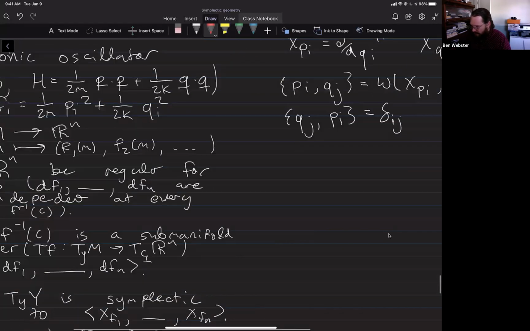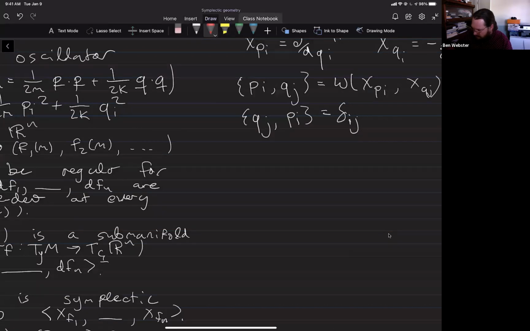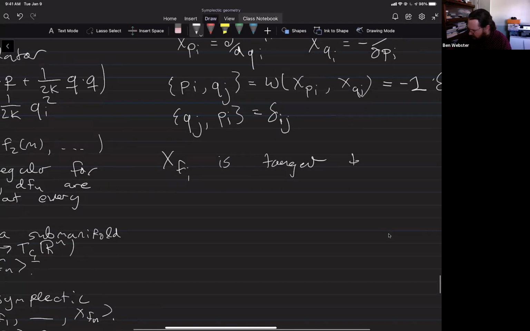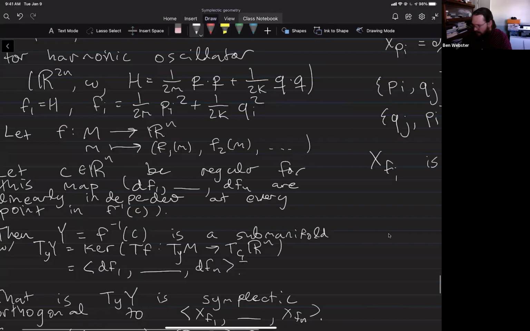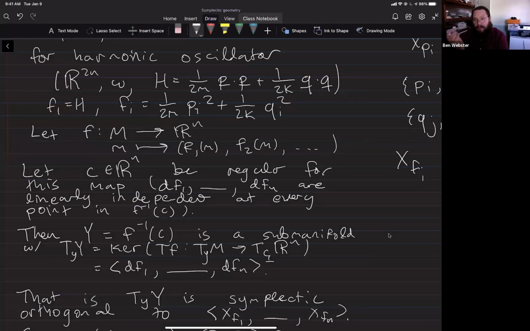Let me write this in words. X_{F_i} is tangent to F inverse of c. If we choose c to be a regular point, you should think of that as meaning that at every pre-image, the differentials of F1, F2, F3, etc. are all linearly independent.